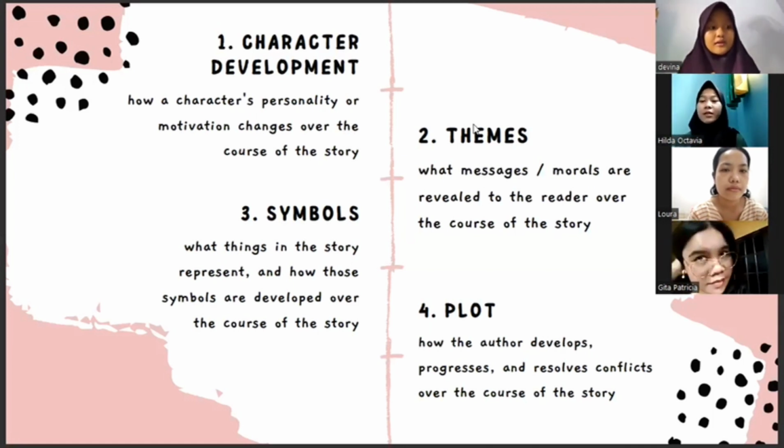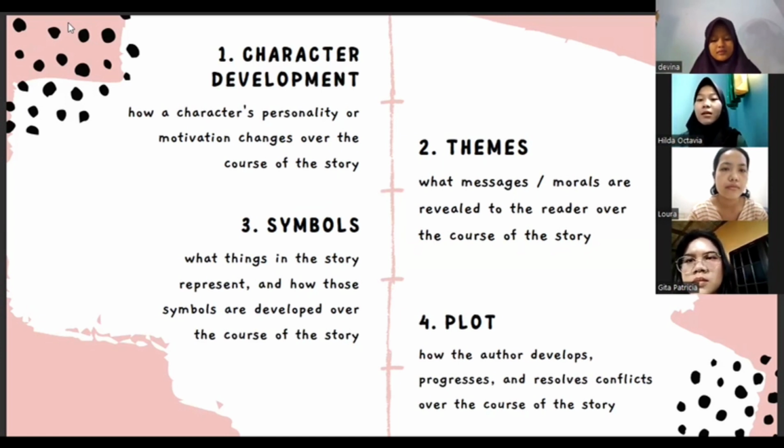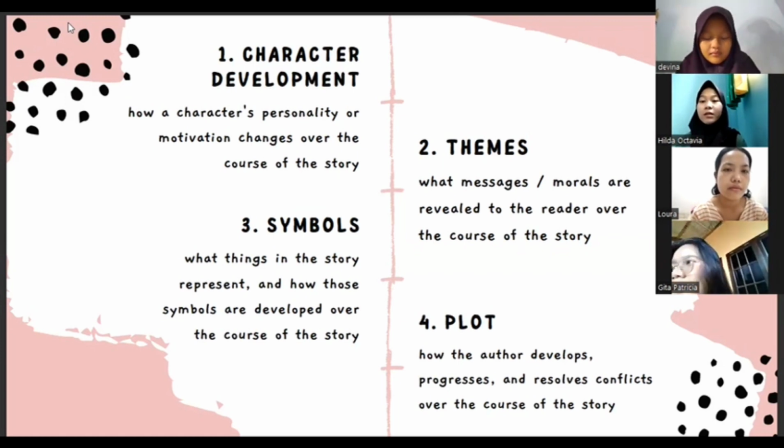There are four things to make inference about. The first, character development: how characters' personality or motivation change over the course of the story. The second, themes: what message or moral is revealed to the reader over the course of the story.